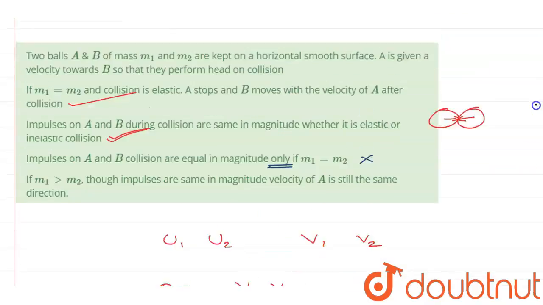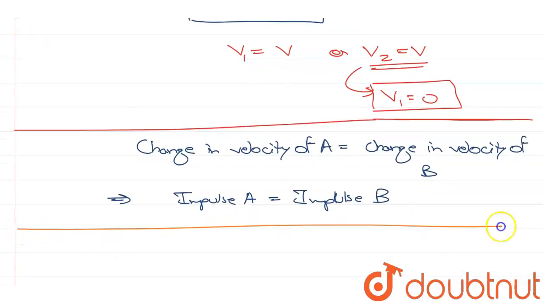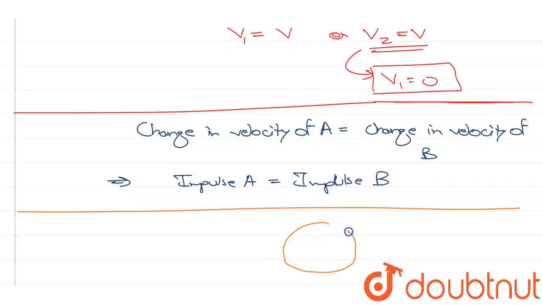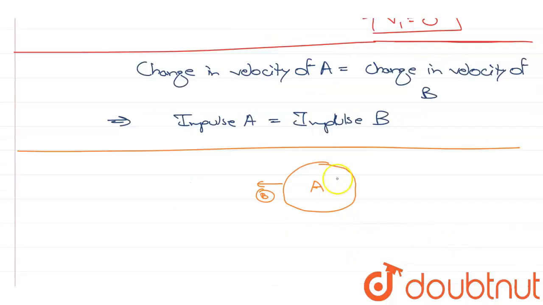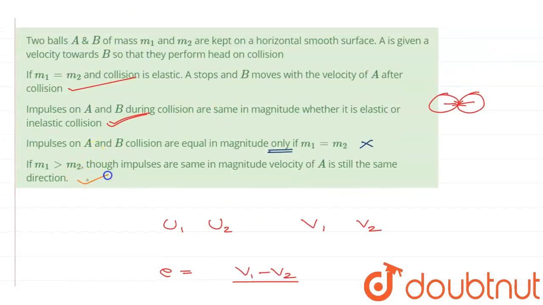This you can understand by the fact that if A is a very big object, that is a very massive object, and B is a very small object, then even though the collision will be elastic, the amount of velocity that A loses will be very, very small, and therefore the final velocity of A will remain almost the same as the initial velocity of A, which means it won't change its direction. Which means option number D is also correct.